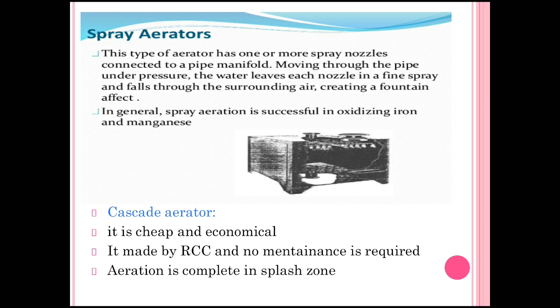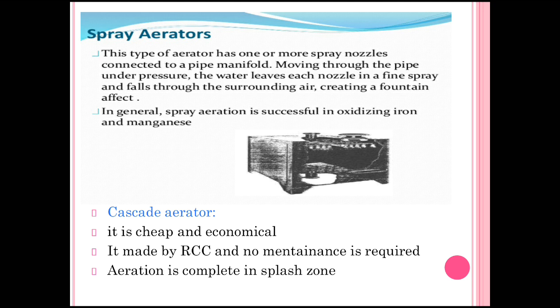This type of aerator has one or more spray nozzles connected to the pipe manifold. The water moves through the pipe under pressure. The water leaves each nozzle in a fine spray and falls through the surrounding air, creating a fountain effect.